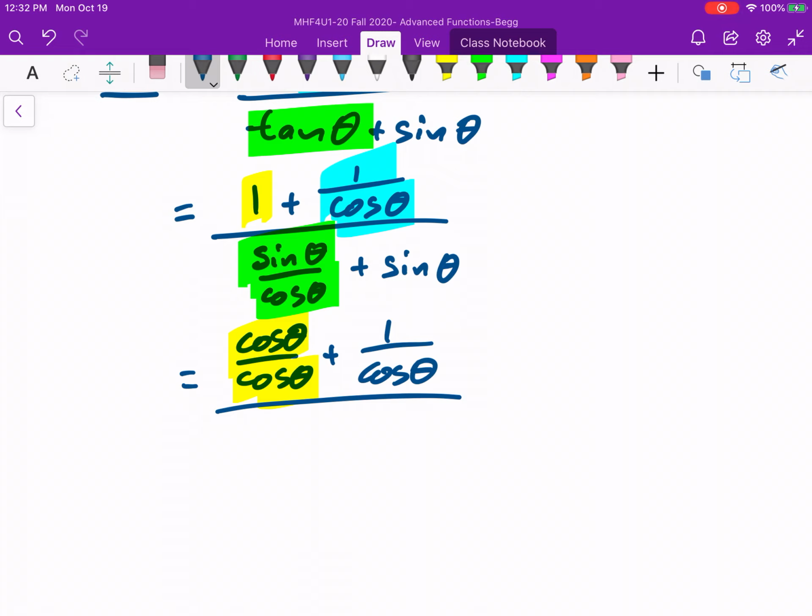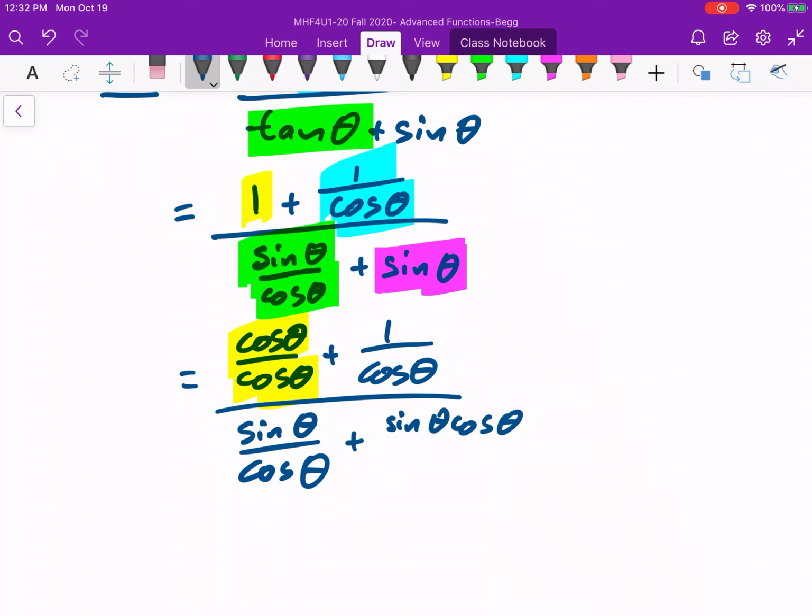I already have a fraction with a denominator of cos theta on the bottom. And so I can change that into a common denominator if I write this sine theta as sine theta times cos theta over cos theta.